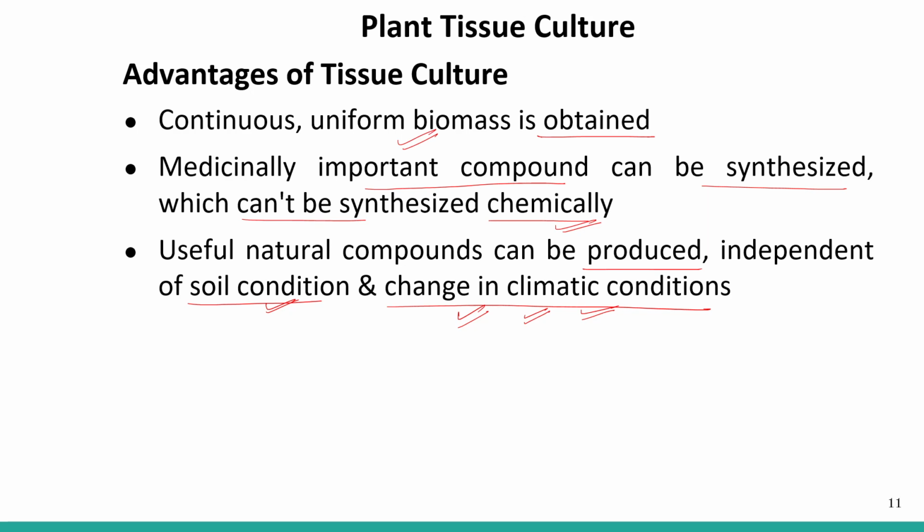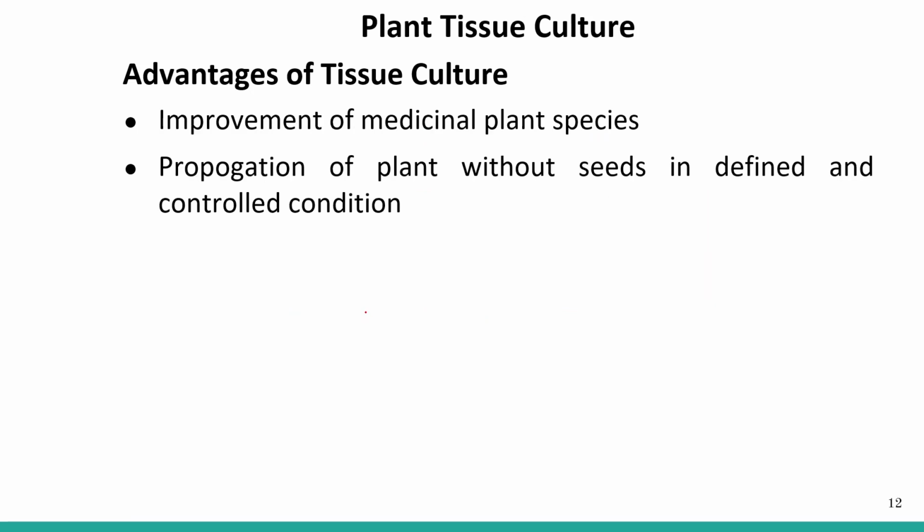The production will be at the same pace, because when the explants are grown in the culture medium, the environmental condition is the same for all the plantlets that grow. So this technique is helpful in this way also.